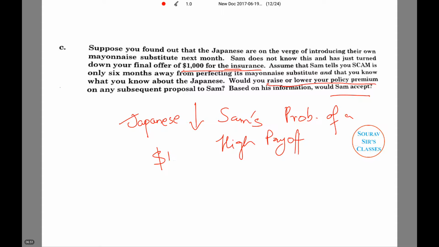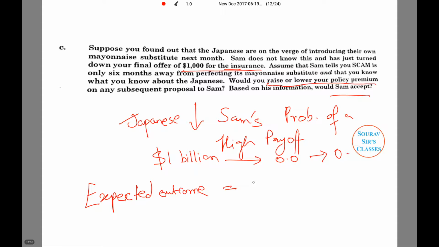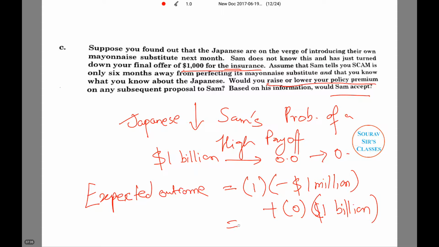Assuming that the probability of the $1 billion payoff gets reduced to 0, the expected outcome will equal 1 into minus 1 million plus 0 into 1 billion dollars. That will equal minus 1 million.